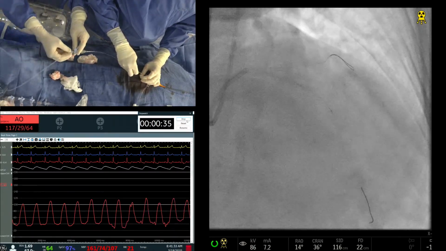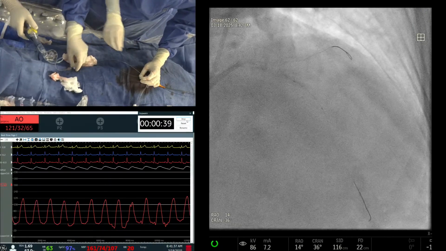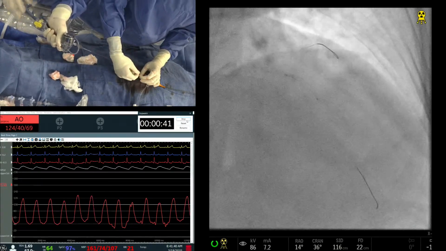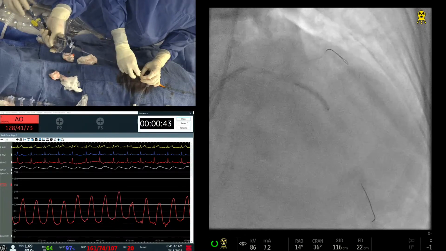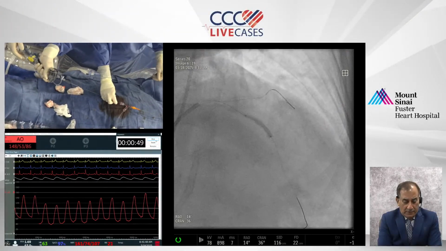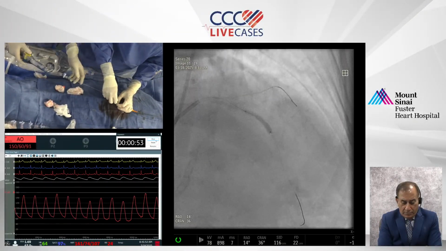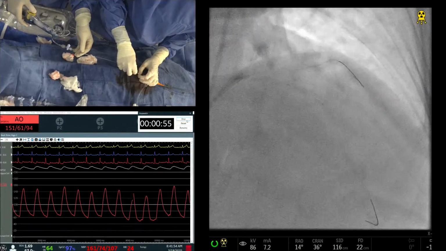Now our 3.5 by 20 non-compliant has gone, doing the mid LAD first. I think this is possibly the game changer of the whole case. Get the IVL again. Pull back a little bit. Good.